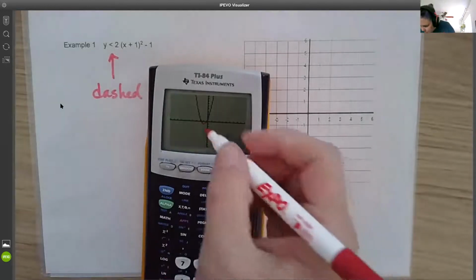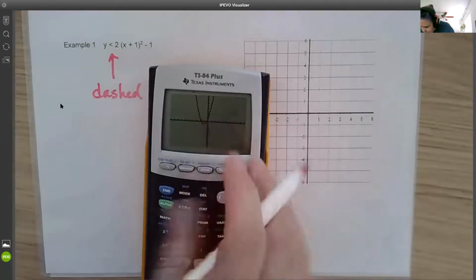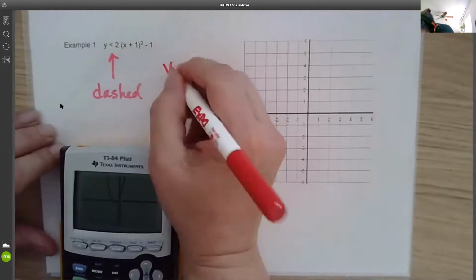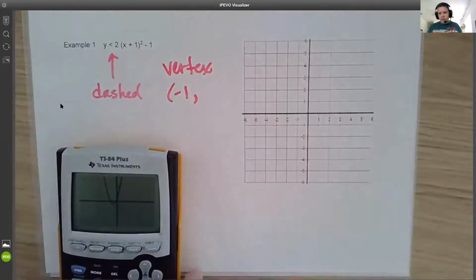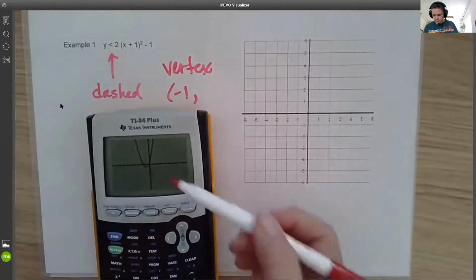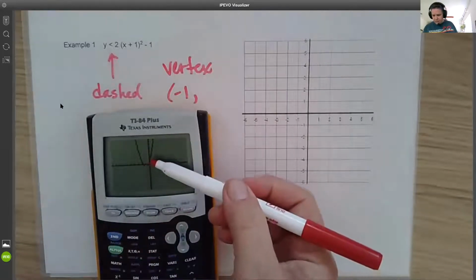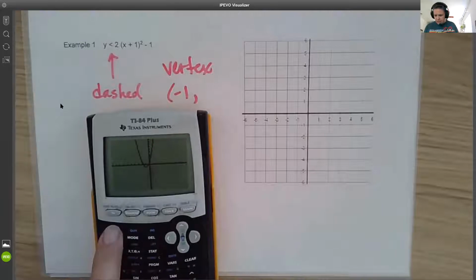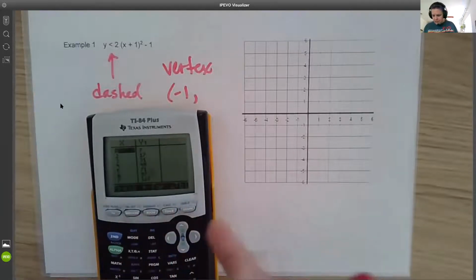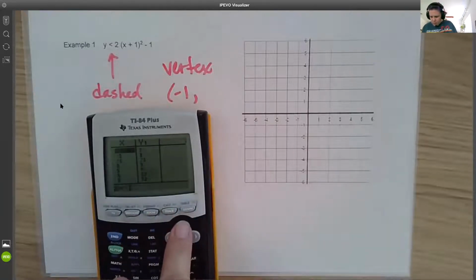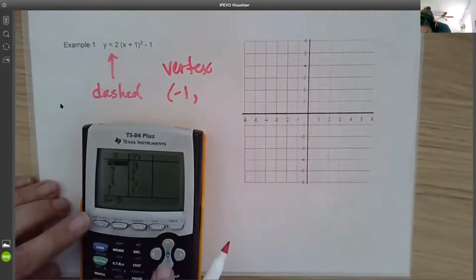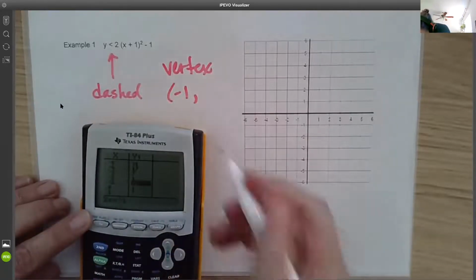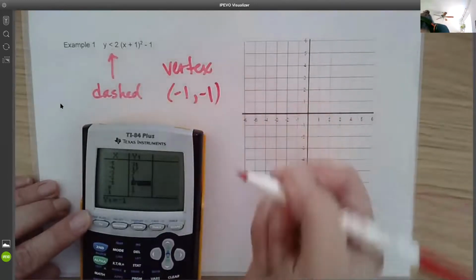And it appears that my vertex is here where x is -1. The tick marks for the y's are very close together, so I'm just going to look at the table where x is -1. Here where x is -1, y is -1. That will be my vertex.